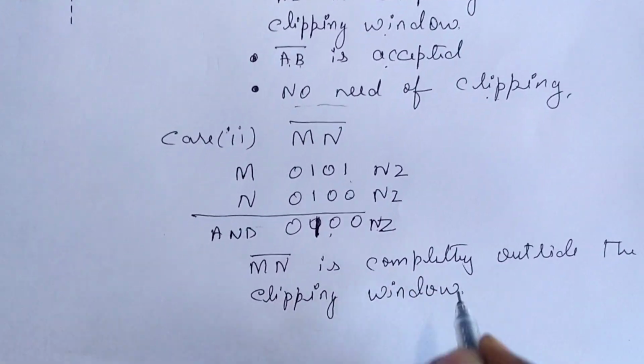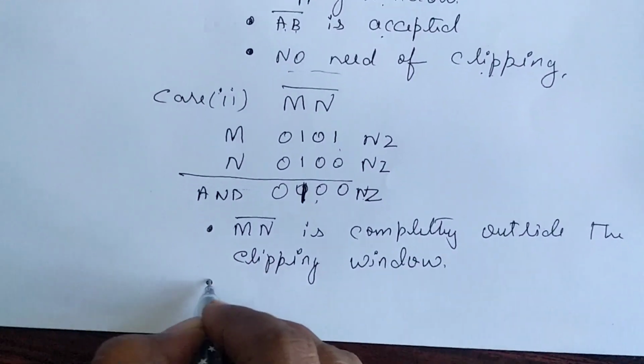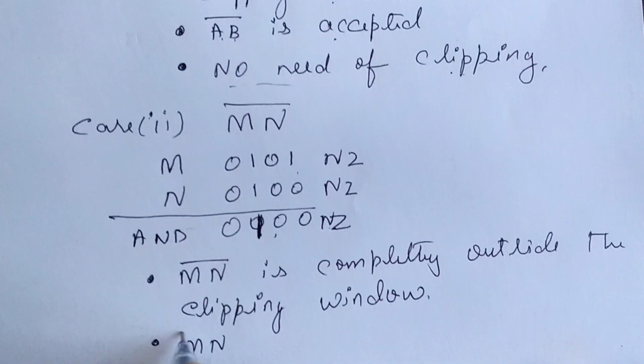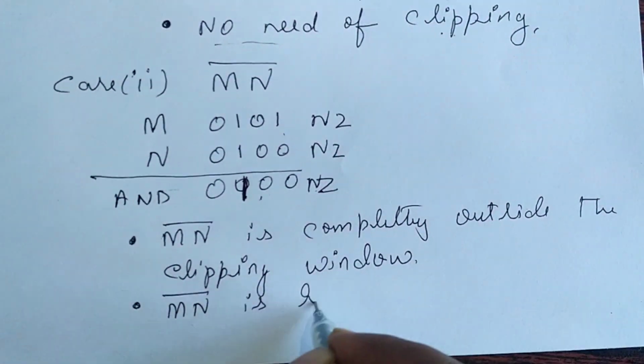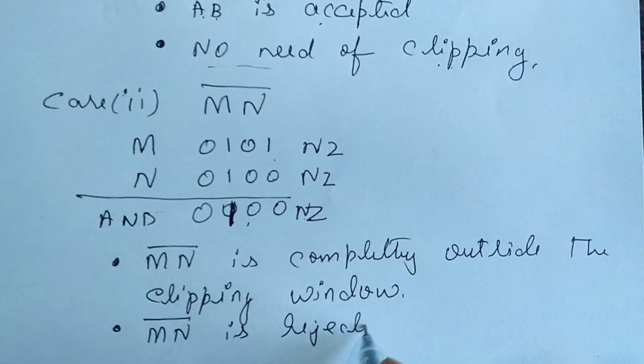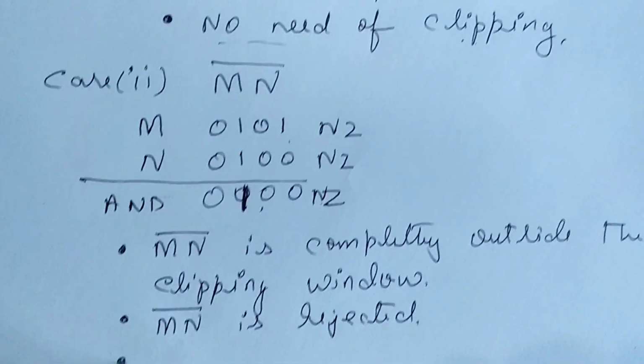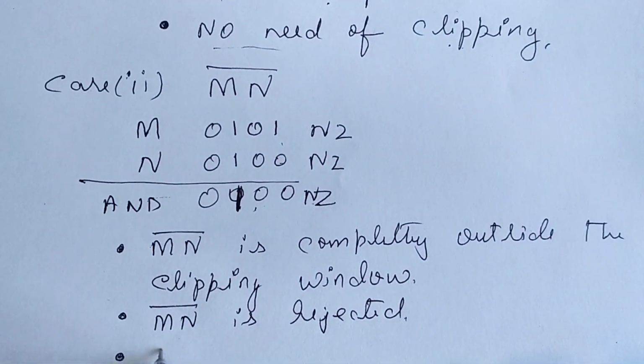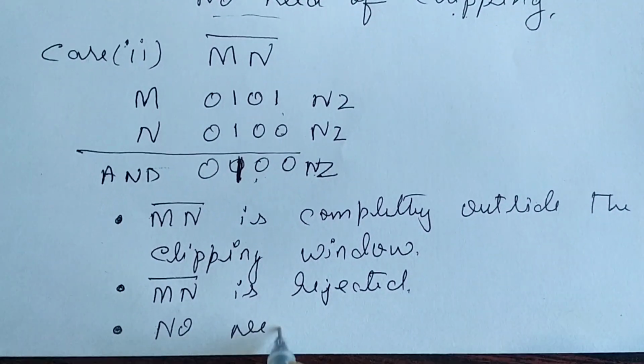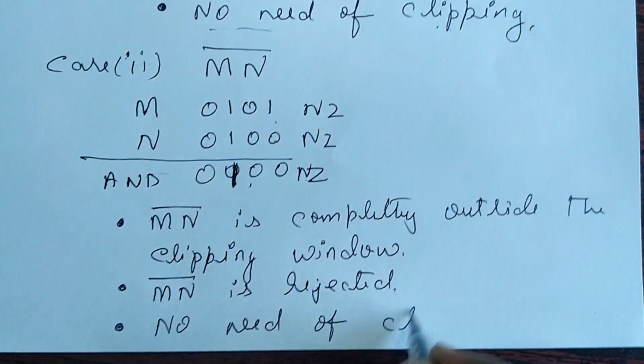If it is completely outside the clipping window, then the line segment MN is rejected or neglected. That means if it is rejected, we don't need to do any clipping. No need of clipping in this case also.